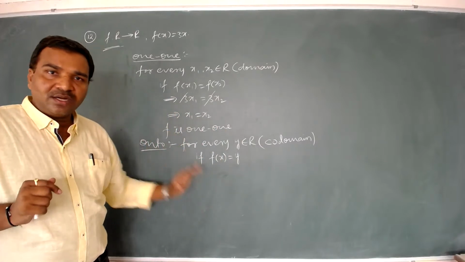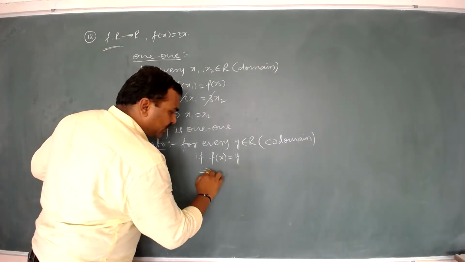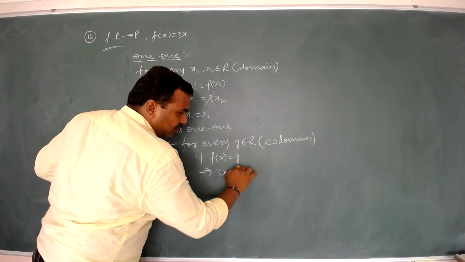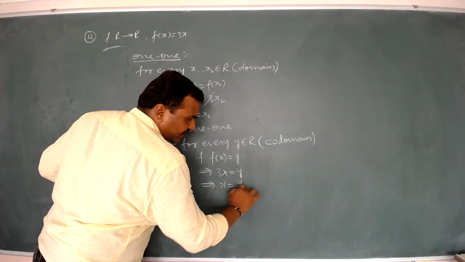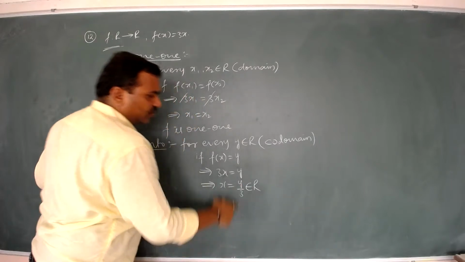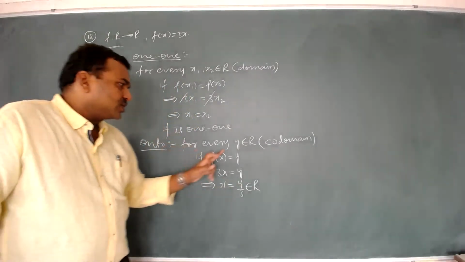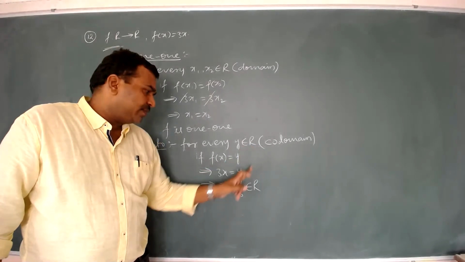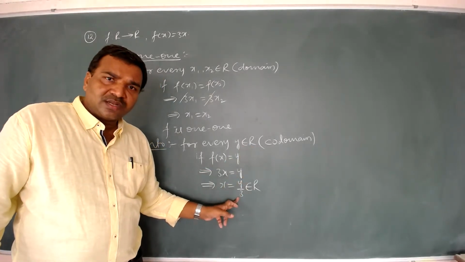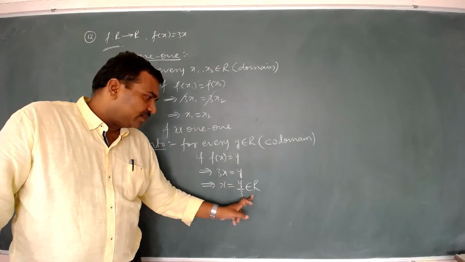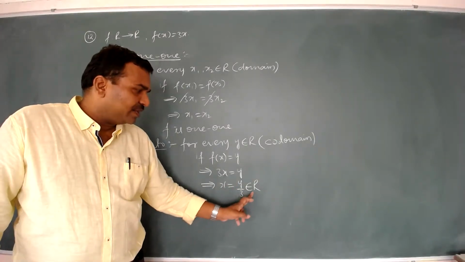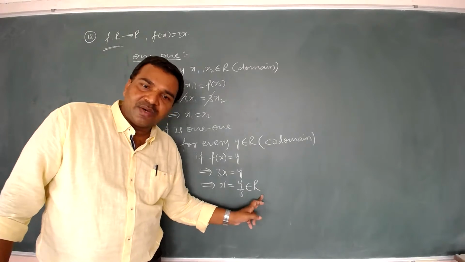Otherwise, it is not onto. So f of x is 3x equal to y. What is x now? y by 3. Does it belong to R, the domain? Yes, it is there. Because y is a real number, y by 3 is also a real number. So x equal to y by 3 is a real number.